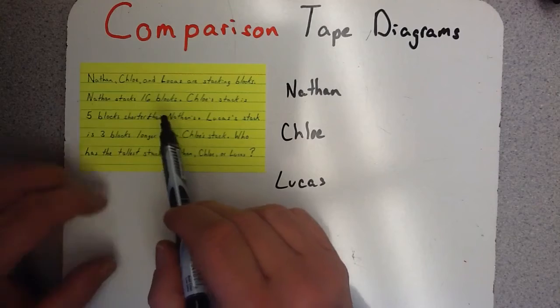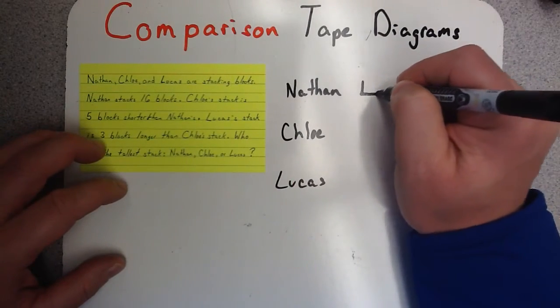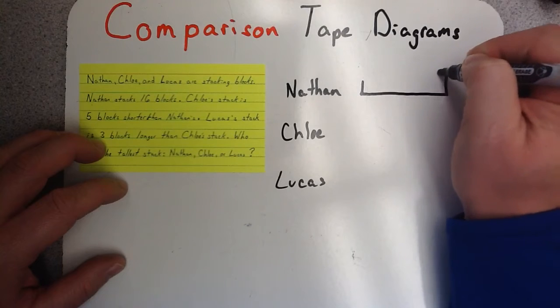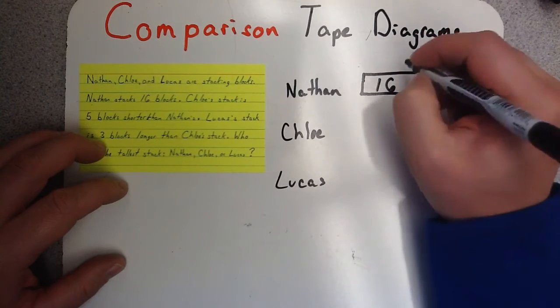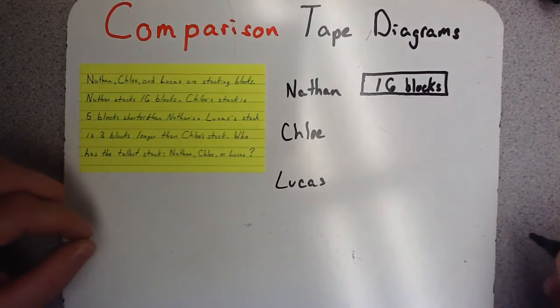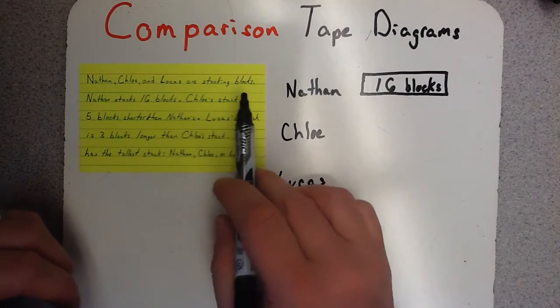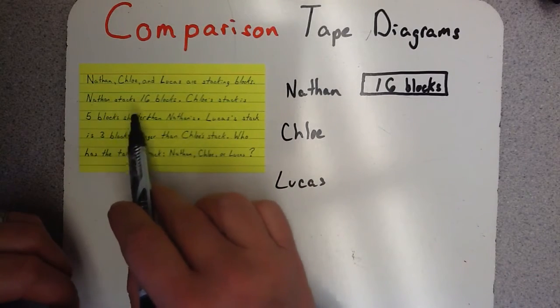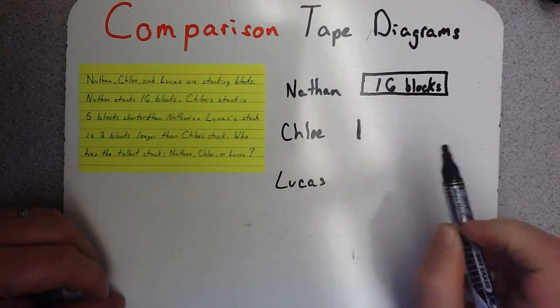Now, Nathan stacks 16 blocks, so we'll draw his tape first. So we know that's 16 blocks. Okay. Now, let's look at what we know about the other 2. Chloe's stack is 5 blocks shorter than Nathan's. So we know Chloe, I'm going to start at the same spot.